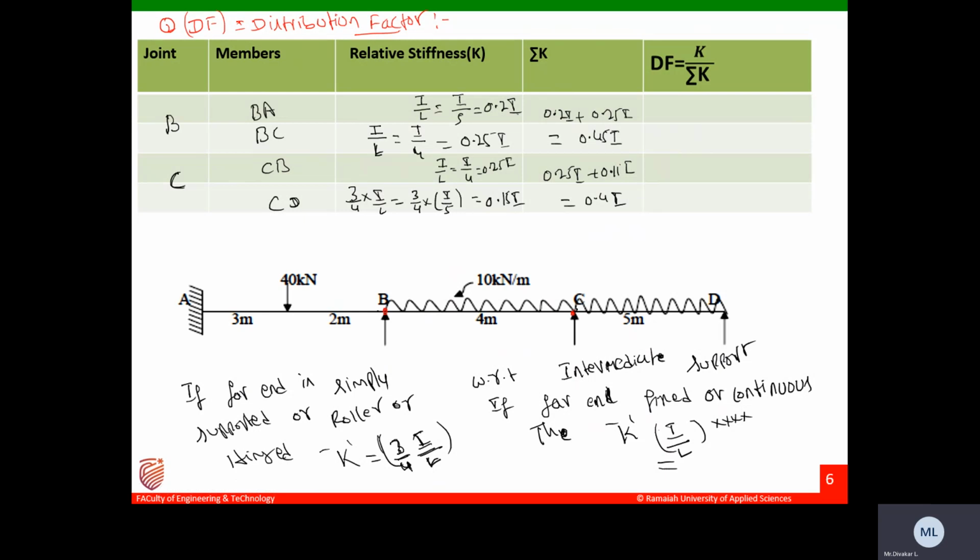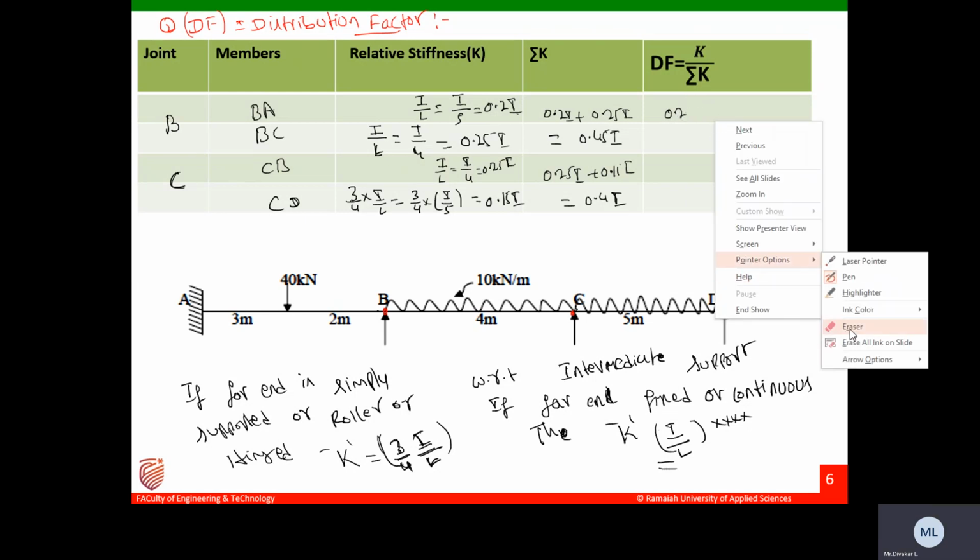Okay, 0.4 I. Now we calculate the distribution factors, K by summation of K. For this joint B, what will be the distribution factors? K by summation of K. Sorry, we'll write this once again.